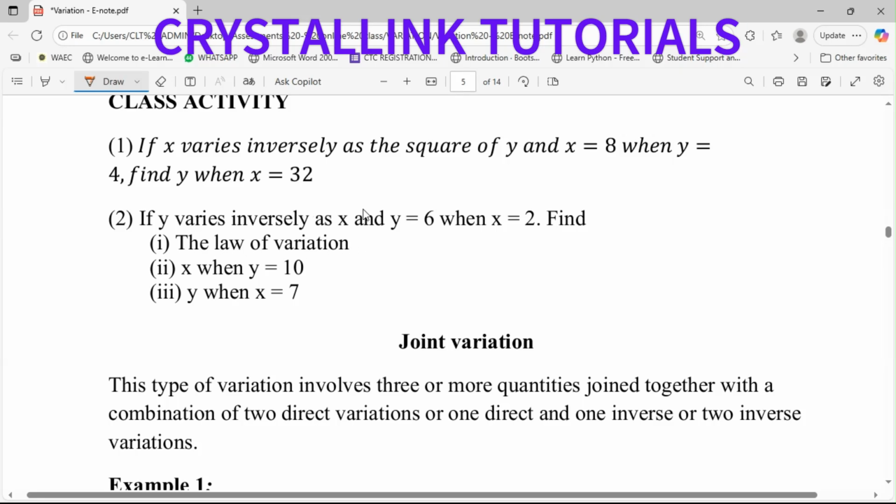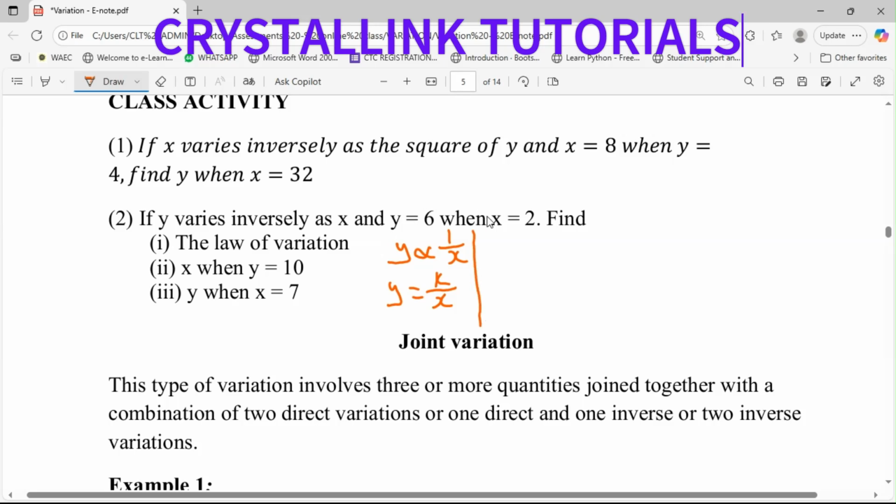Y varies inversely as x, so it means y is inversely proportional to x. So y is equal to k over x. You know why? Because whenever you are changing this to an equality sign, you have to multiply the right hand side by a constant of proportionality known as k.